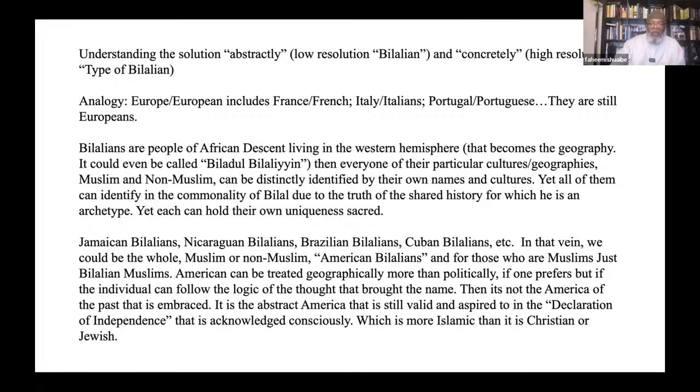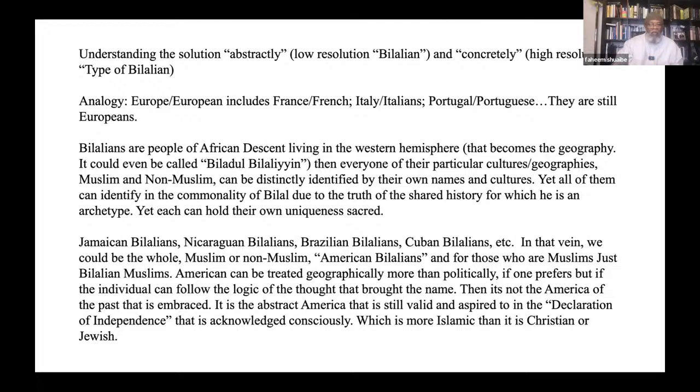So the abstract America, that's what we're speaking of, that is still valid and aspired to in the Declaration of Independence. It's still to acknowledge consciously, to do so is, we hold these truths to be self-evident that all men are created equal and endowed by their creator with certain unalienable rights. Forget about the hypocrisy of all the slave owners that signed that Declaration of Independence.